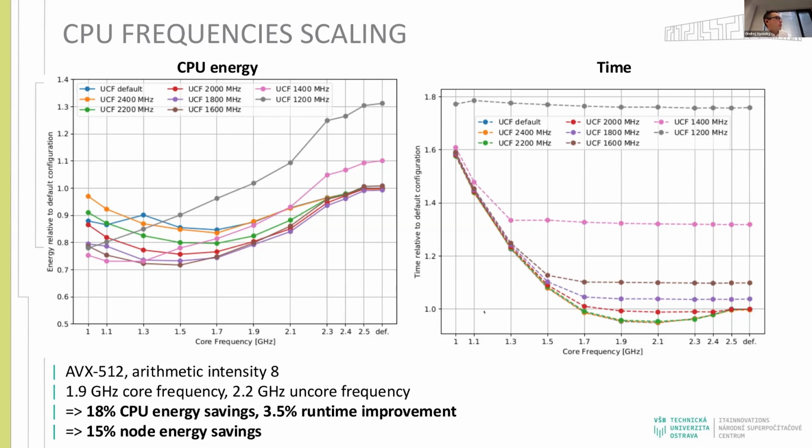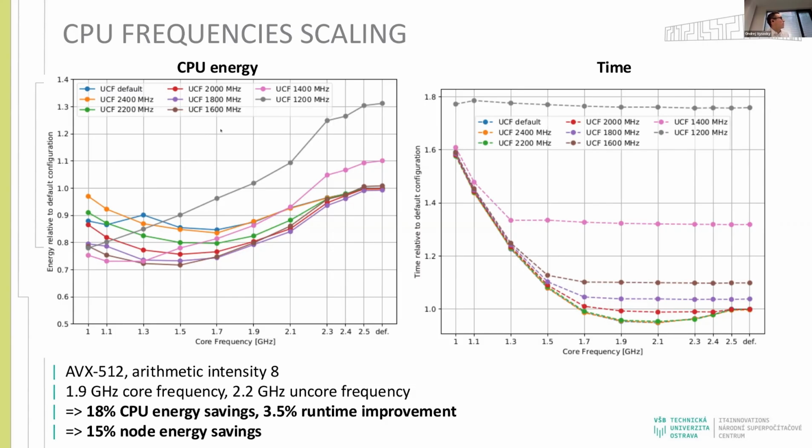So this is the default runtime, that's 1.0, and you can see that for specific uncore frequencies, that's each line for an uncore frequency, and for reduced core frequency, that's here 2.1, 1.9 gigahertz, this improves the runtime just because it shifts the power from one domain to the other.